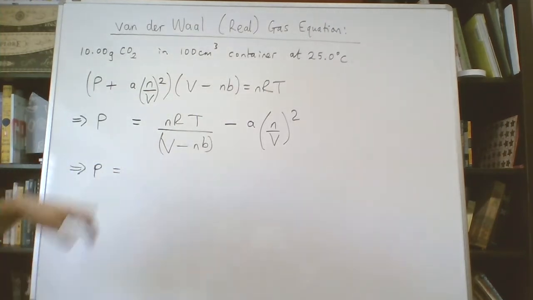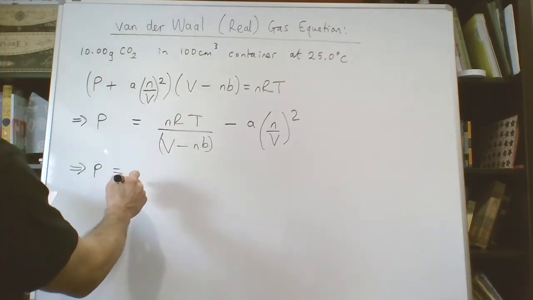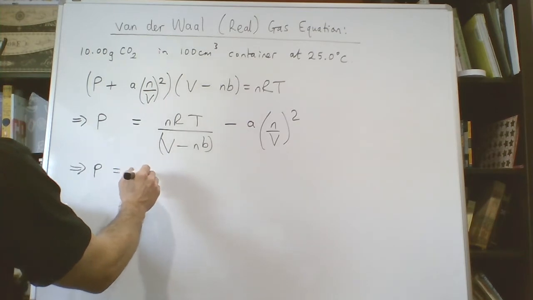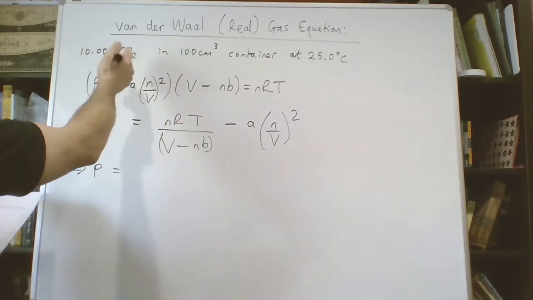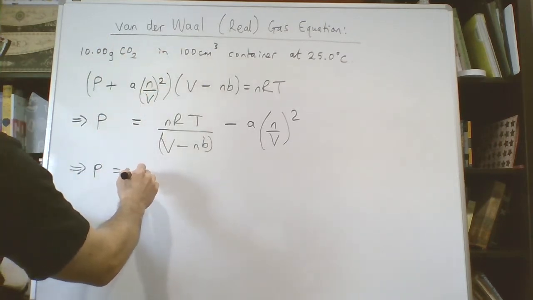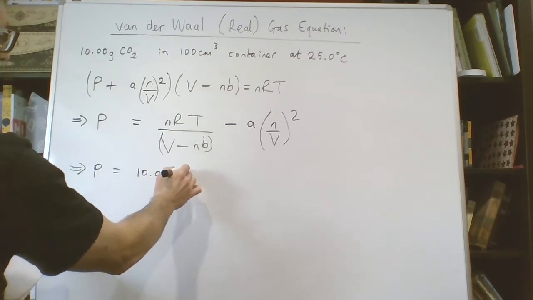You'd have to be provided with a and b for carbon dioxide gas, but I'm going to furnish you with those values. So we've got moles, which I'm going to essentially just calculate as we did before. We've got 10 gram of CO2.